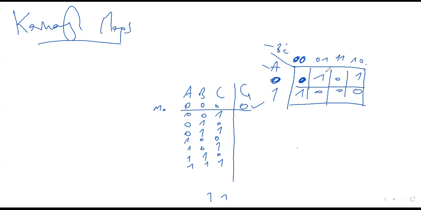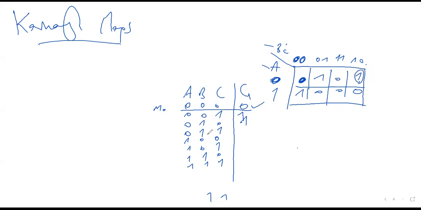So now your participation: for 0, 0, 1, what is the output? 1.